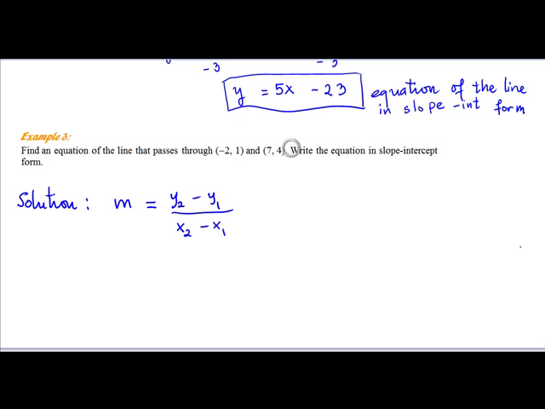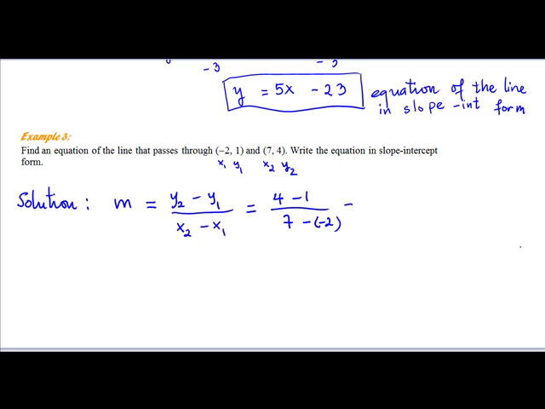I'm going to pick this as point 1, so this is x1, y1. Here is x2, y2. So I have 4 minus 1 over 7 minus 2. Be careful. This minus 2 here is x1, so here is x2 minus x1.